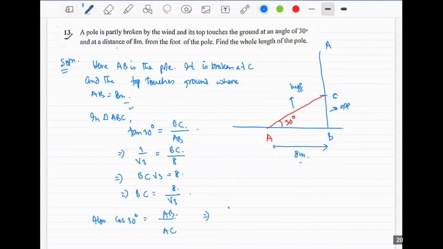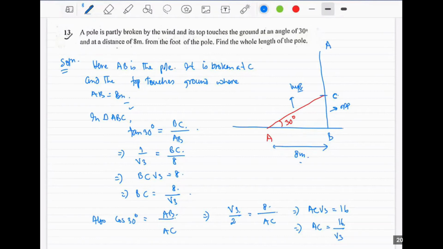Cos 30 is root 3 by 2. So put in the value of AB, 8 there, and AC we don't know. Cross multiply, we have AC root 3 is equal to 16, which implies AC is 16 divided by root 3.